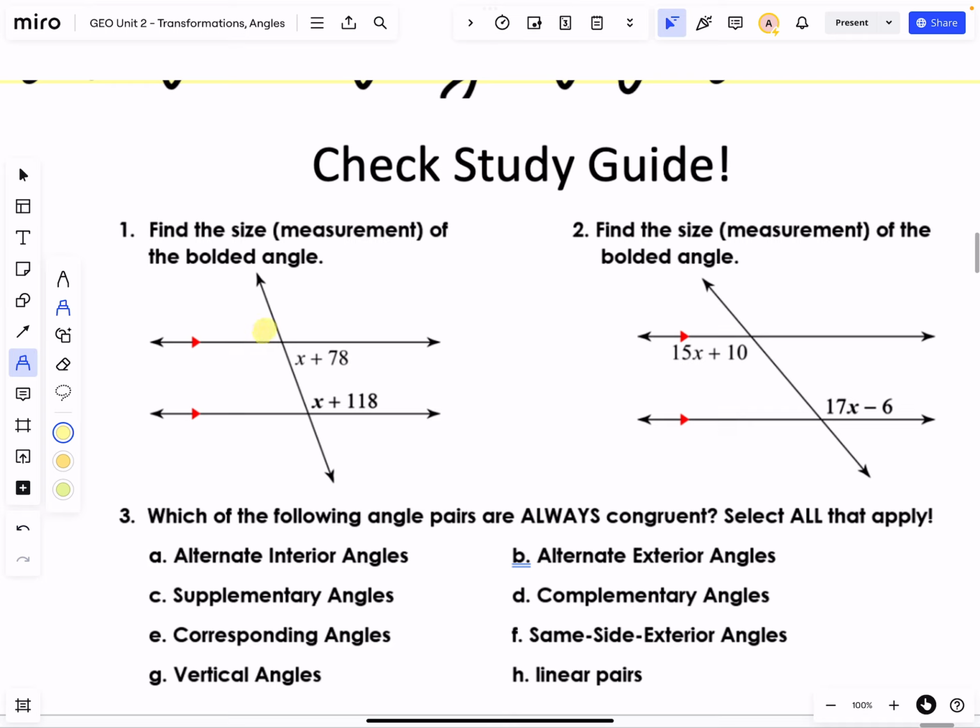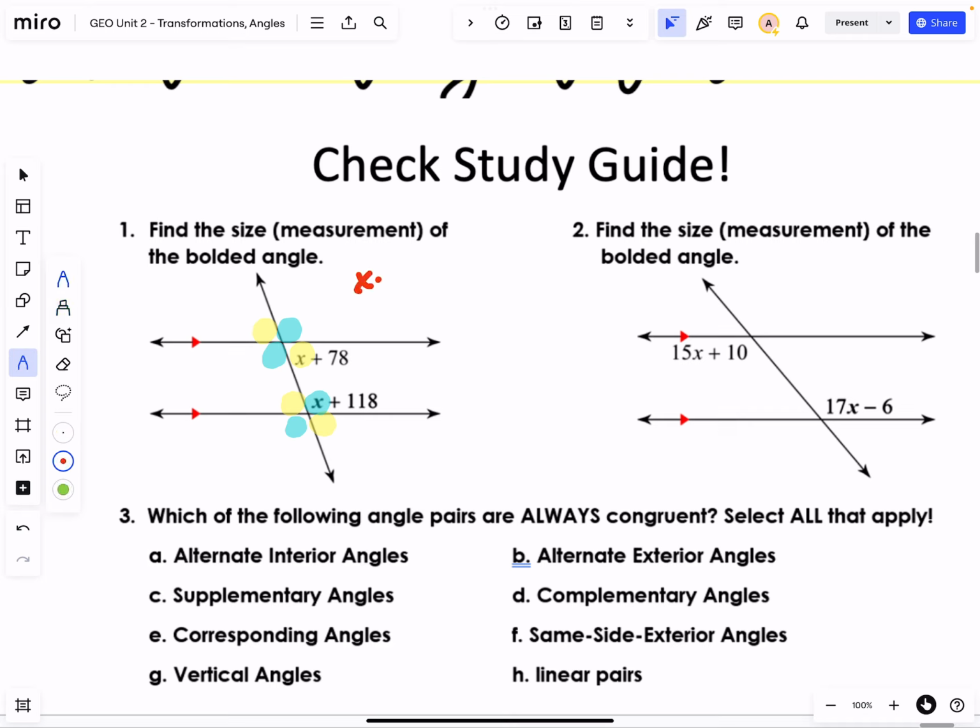So this angle and this angle and this angle and this angle are all one measurement, while this angle and this angle and this angle and this angle are all a different measurement. Now, if the angles that you're talking about have the same color, you will set them equal to each other. But if they don't, you are going to add them together and set them equal to 180 degrees.